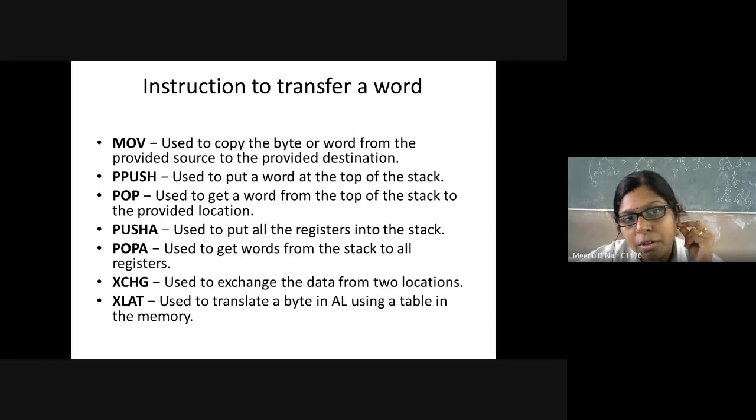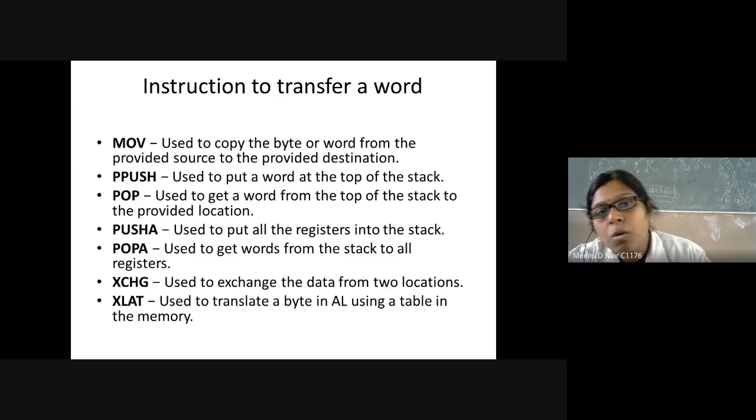Suppose you are using the command MOV A comma B, as an example. A you assume as an accumulator, B is your DX register. Which one is your source operand and which one is your destination operand? MOV A comma B means you are transferring the data from B register to A register.